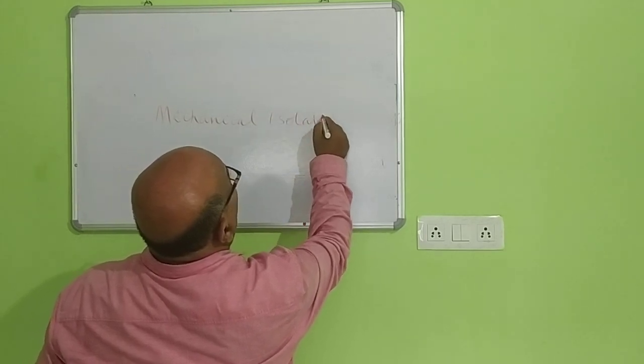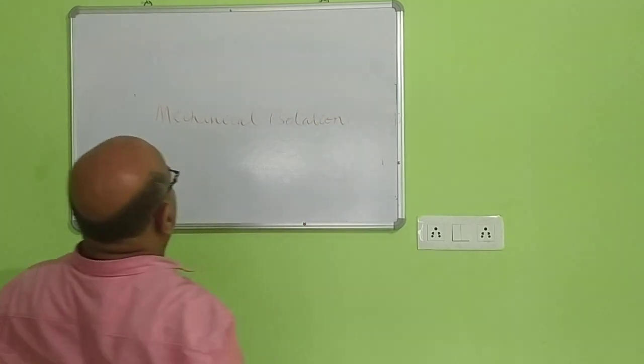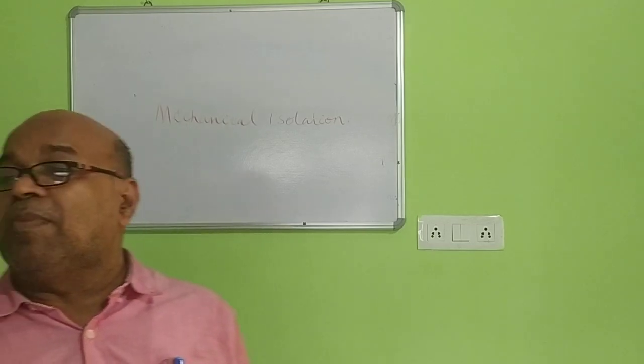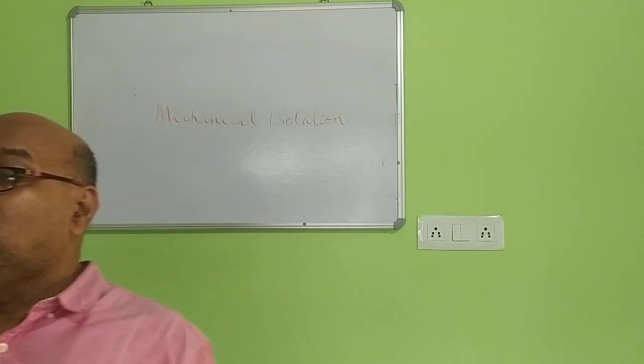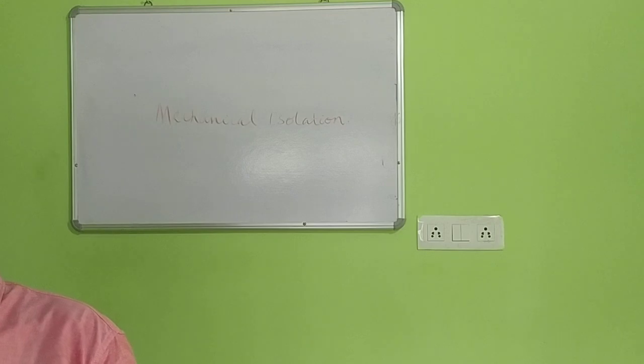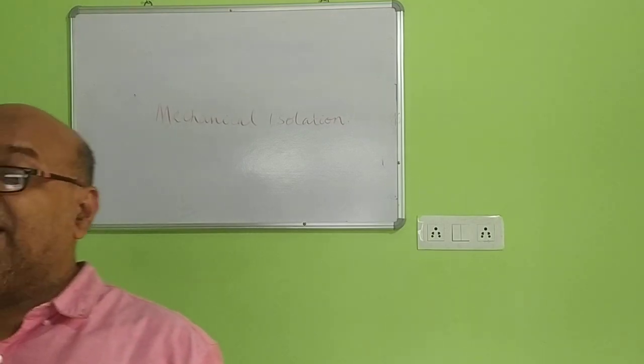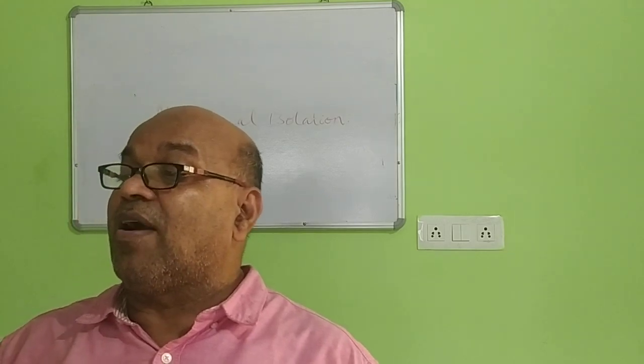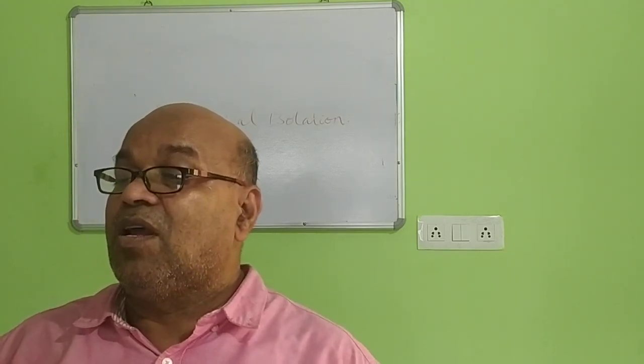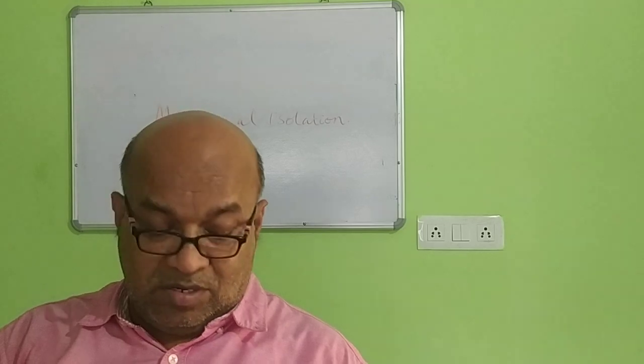If you go through mechanical isolation, you find very peculiar things there. It is due to differences in the structure of the genital organs, according to the lock and key theory of Leon Dufour.